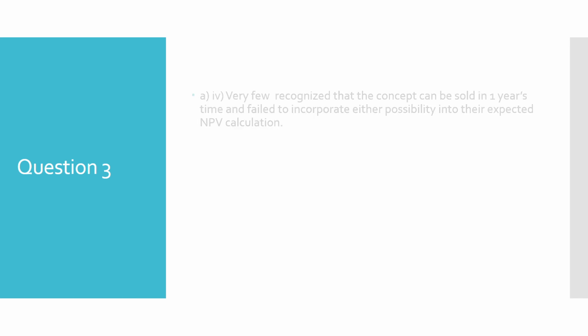Very few recognized that the concept can be sold in 1 year's time, and failed to incorporate either possibility into their expected net present value calculation. So if the government permission is not granted, it will be sold in 1 year's time.